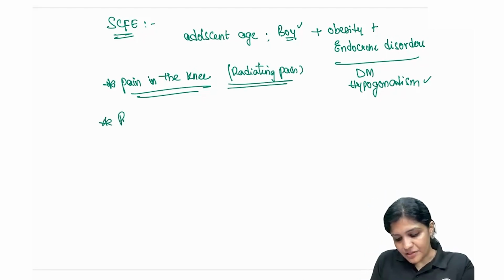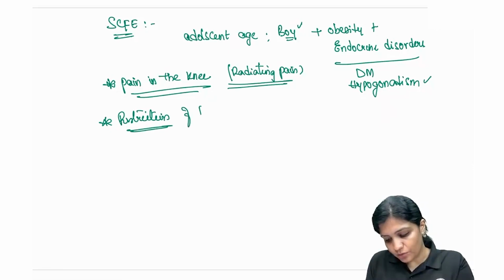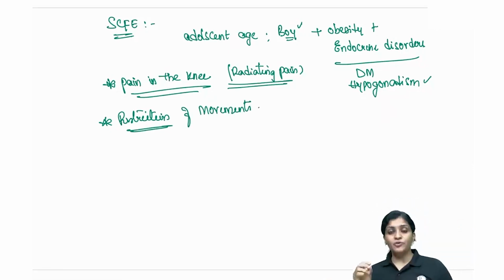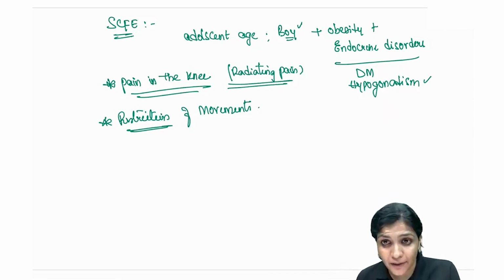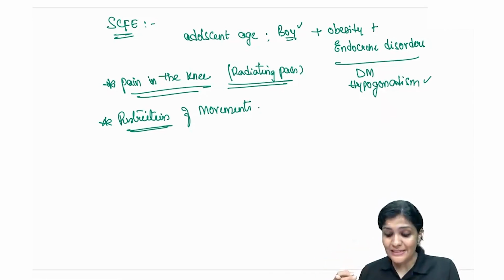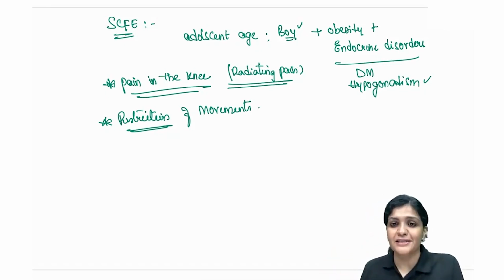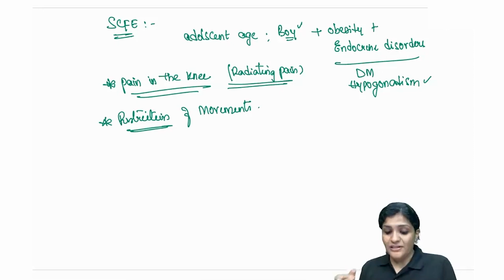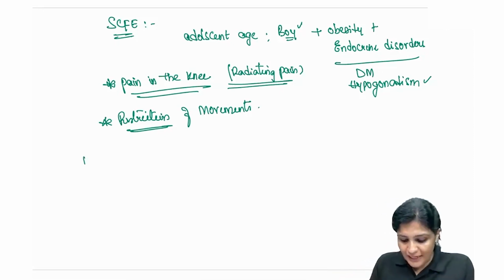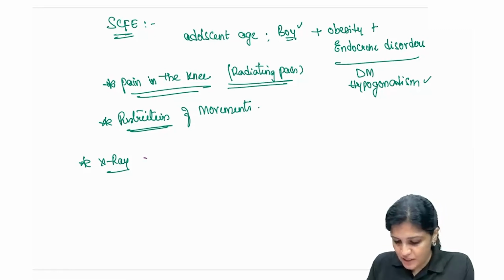Again, he will have restricted abduction and internal rotation, restriction of the movements, similar to the hip joint, but usually they say there is pain in the knee joint, and this would be an obese person with high BMI with other endocrine abnormalities like diabetes mellitus and hypogonadism. So they present with pain in the knee, and on the X-ray you see there is a slip of the epiphysis.